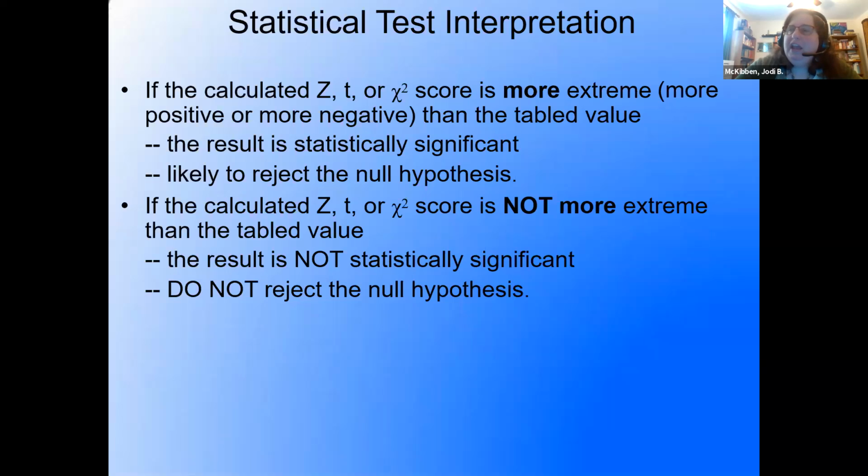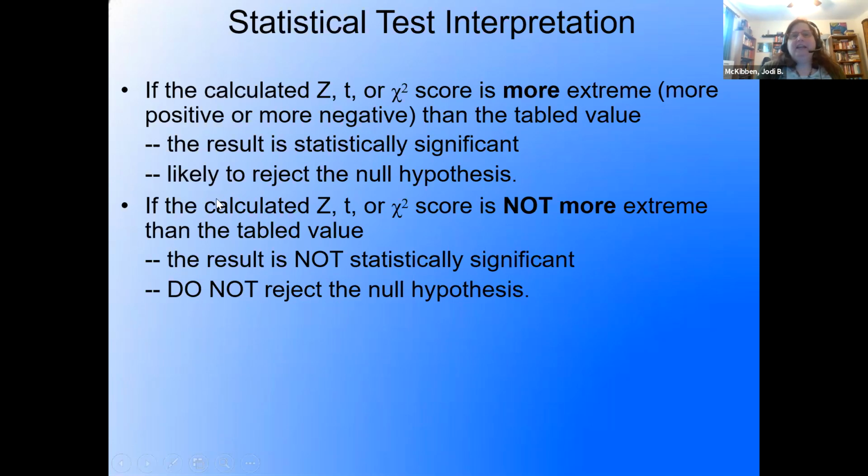But either way, we're trying to beat what's in the table. What we calculate, what we get by hand, we're trying to beat what's in the table. Okay, and if we do, it's statistically significant, we're likely to reject the null. If we don't beat it, that's easy. The result is not statistically significant and we do not reject the null.